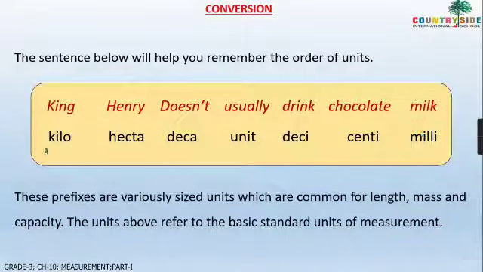Like this you can remember this arrangement of the staircase from kilo to milli, from the higher unit to the lower unit. So what is the sentence, children? King Henry doesn't usually drink chocolate milk. Only this much you have to learn.